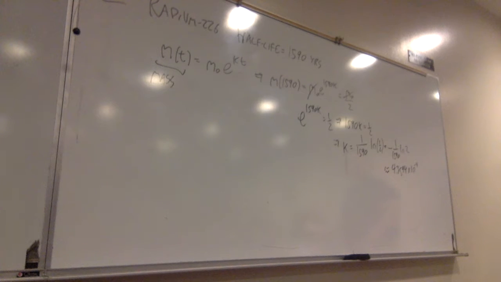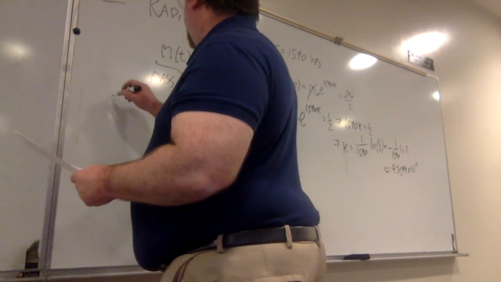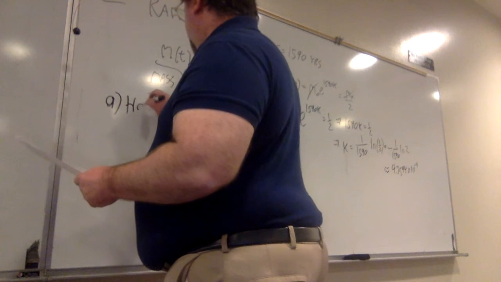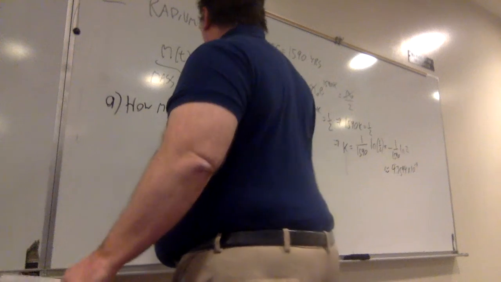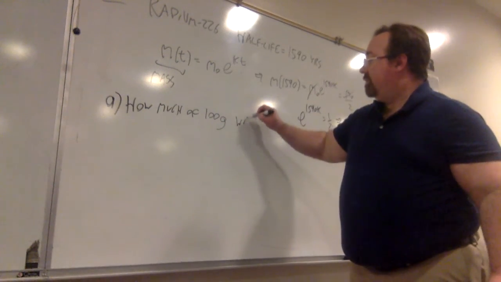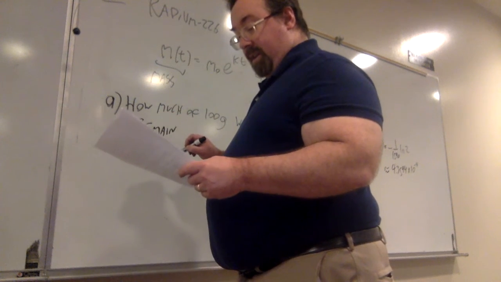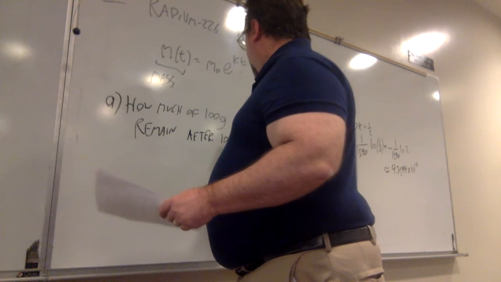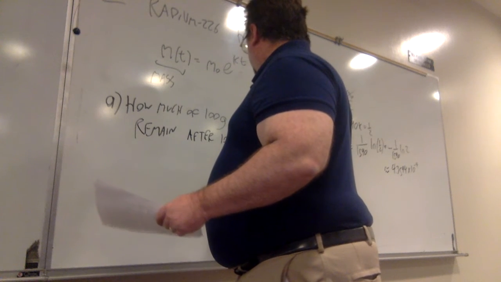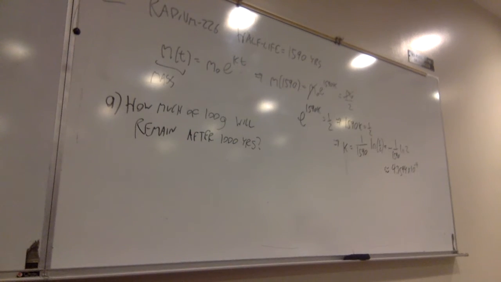All right. So now that we have k, we can answer questions such as this. If you have a sample of 100 grams, you want to know how much will remain after 1,000 years.